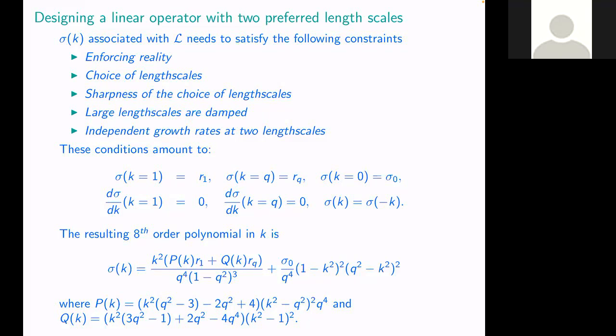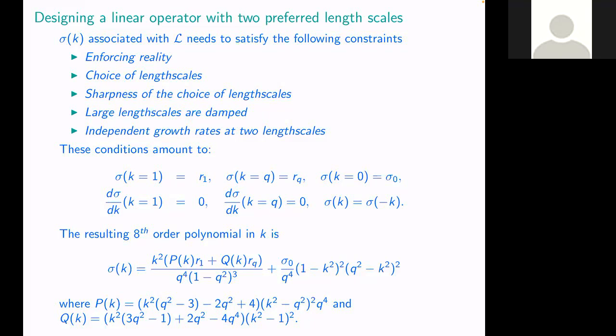All of these conditions then dictate that at least we need an 8th order polynomial in k, inspired by the Swift-Hohenberg equation, where the inspiration is in the explicitly written final term, where we have 1 minus k squared whole squared multiplied by q squared minus k squared whole squared. That is the part that resembles the Swift-Hohenberg system's dispersion relation. Additionally, we have this extra first term, which is introducing all the additional constraints that we've set for this.